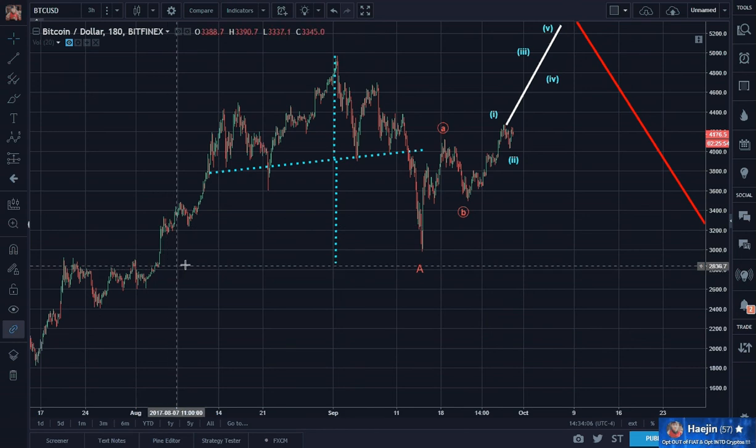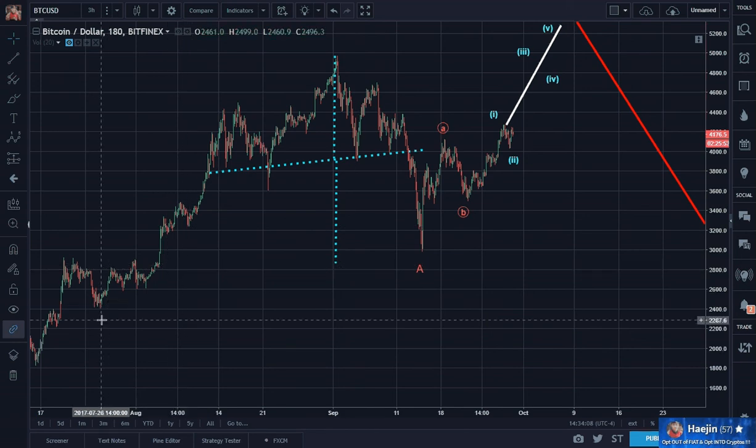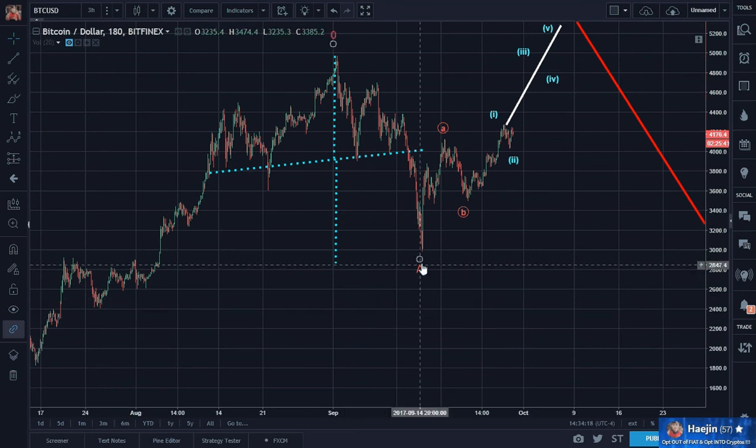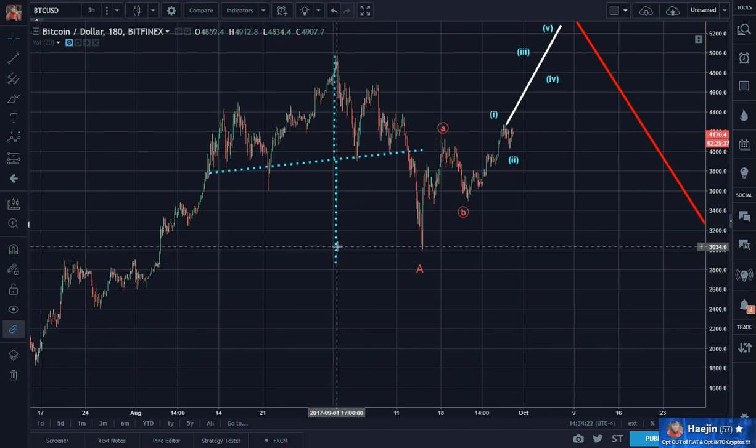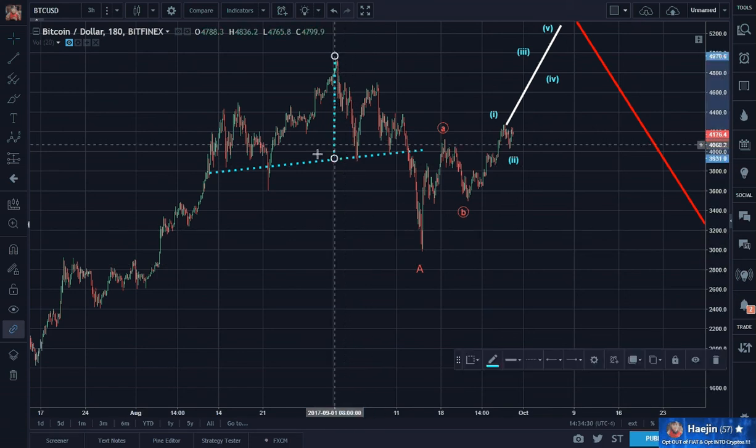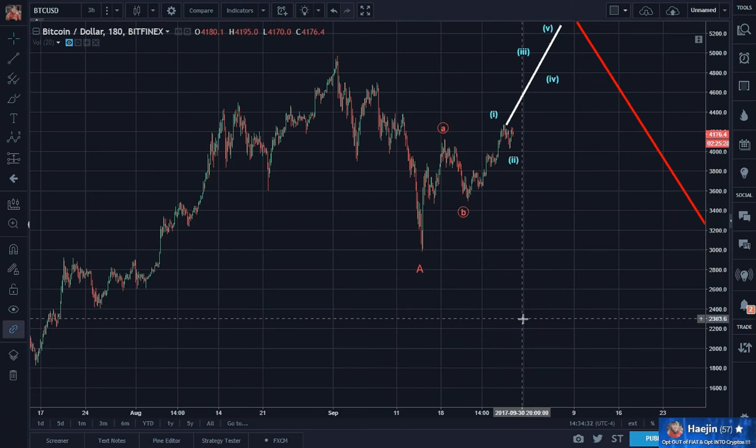And that minimum was just in the range of this wave 4 of a lesser degree. And this A was just within, towards the bottom end of that minimum target. So technically, yes, it meets the minimum.